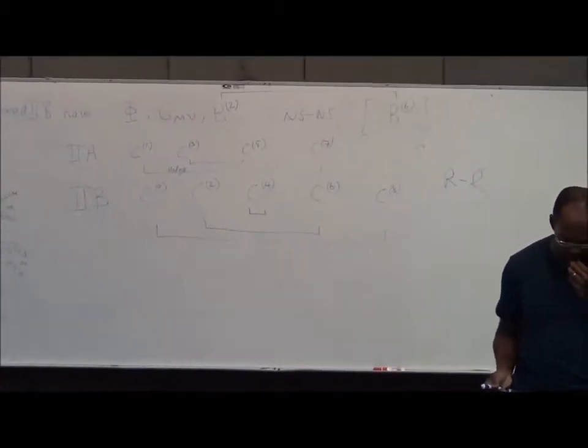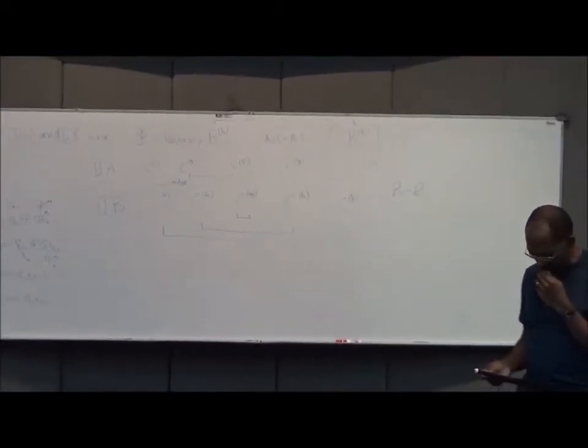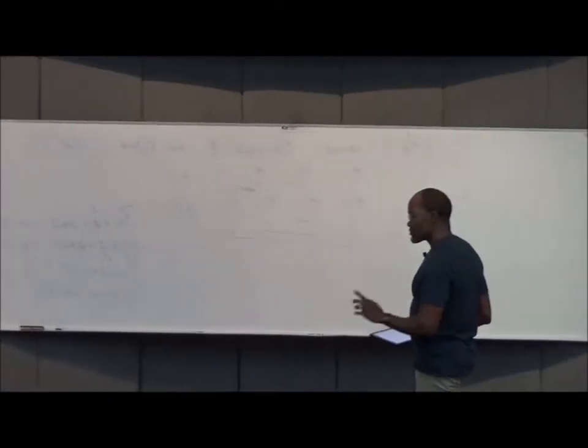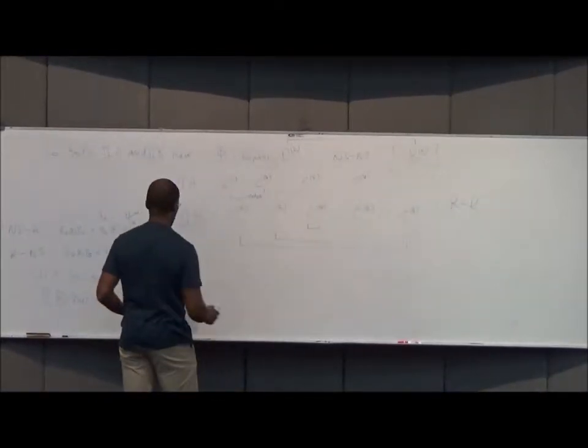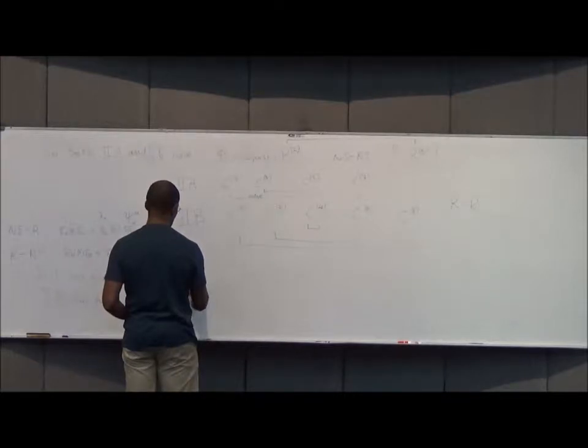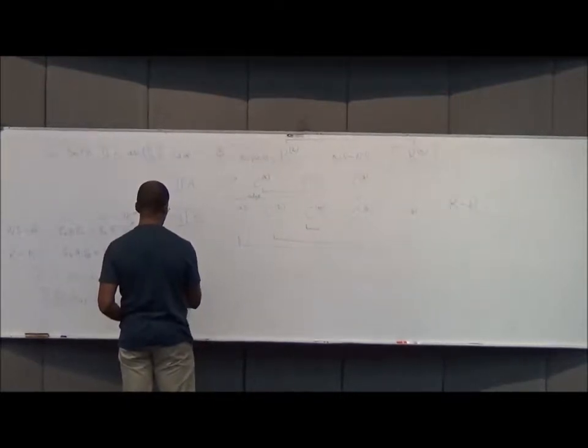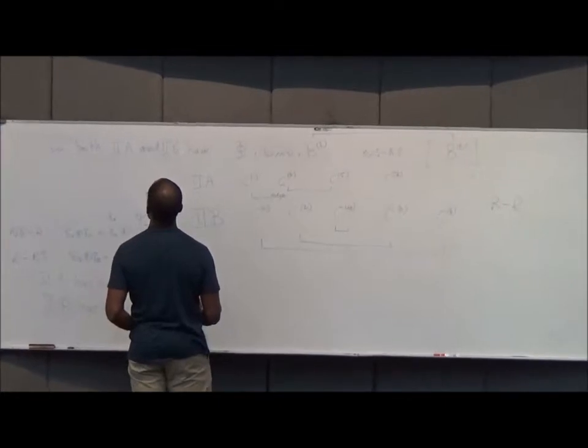Okay, so what else did I want to talk about before we move on? Given we're listing everything, let's also look at type 1 and write that up as well.